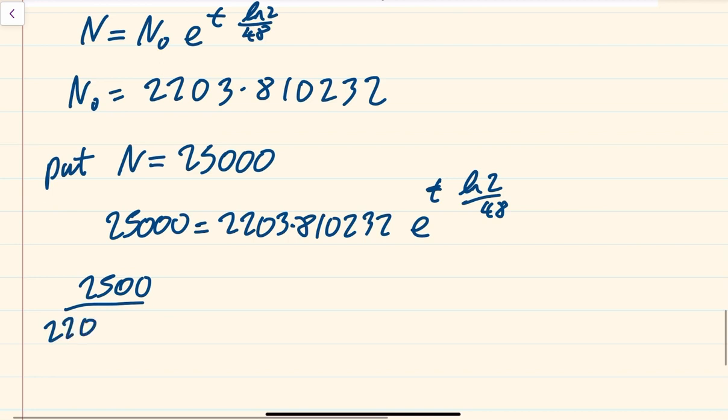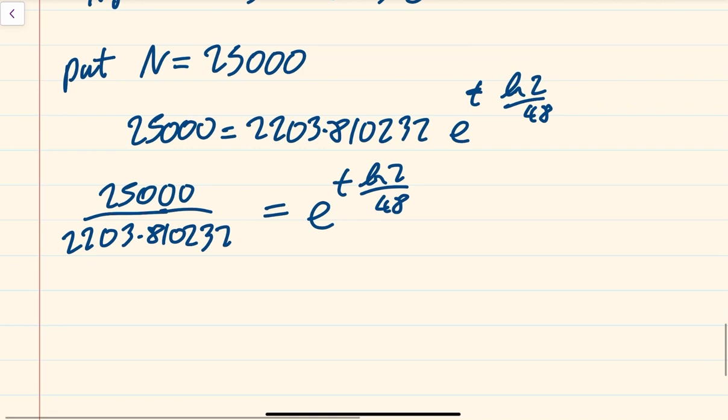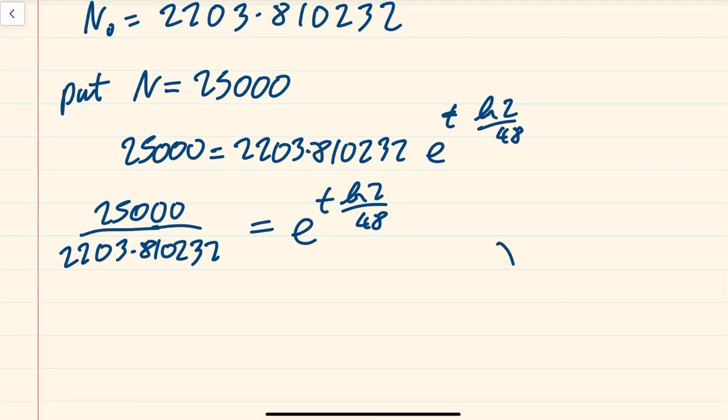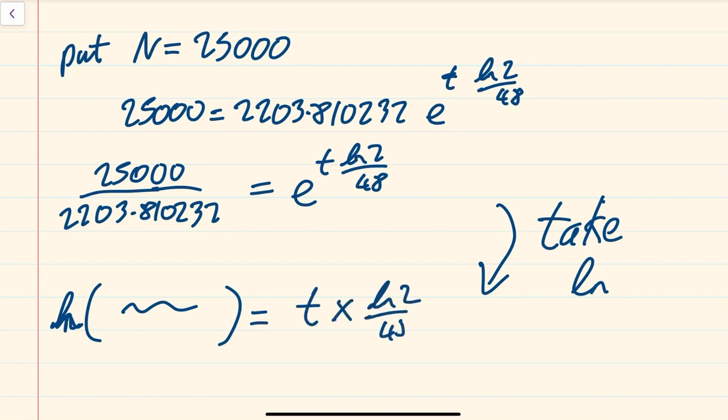So 25,000 divided by 2203.810232 is equal to e to the t ln of 2 over 48. Take ln, remember ln is natural logarithm, of both sides. On the left hand side you've got ln of that, and on the right hand side that's just going to give you t times ln of 2 over 48.